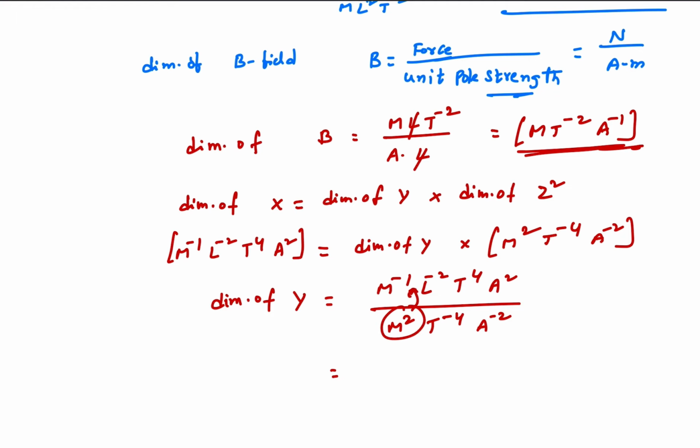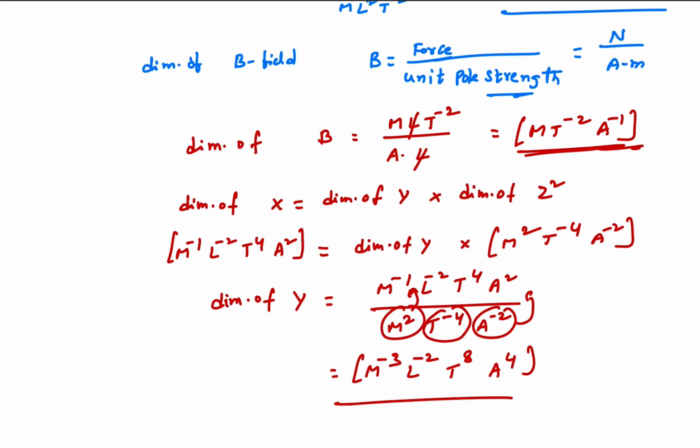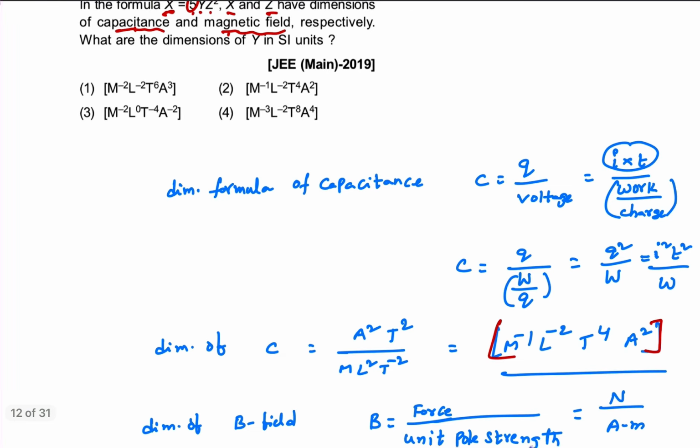Now if you bring this M up, it will become M power minus 3. L power only one term is there, L power minus 2. If you take the T power minus 4 up, you get T power 8. A power minus 2 going up becomes A power 4. This is the dimension of y.